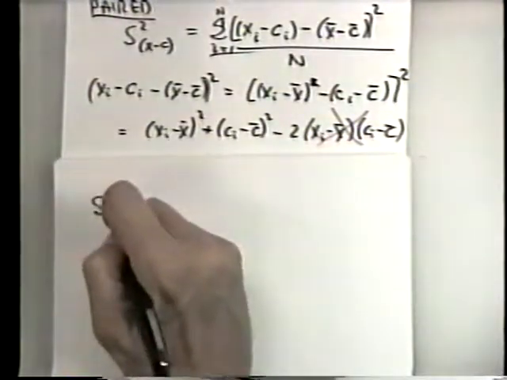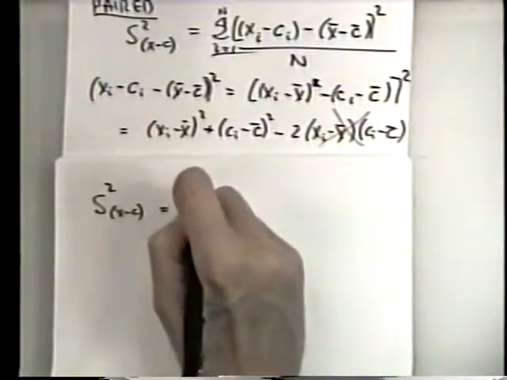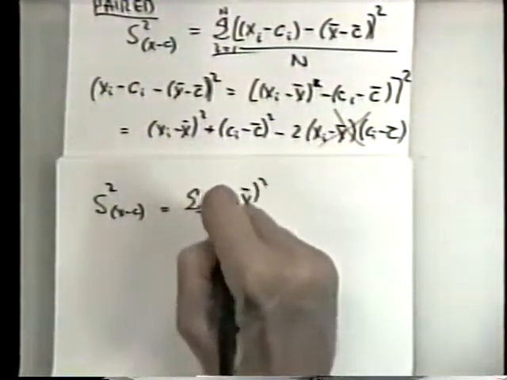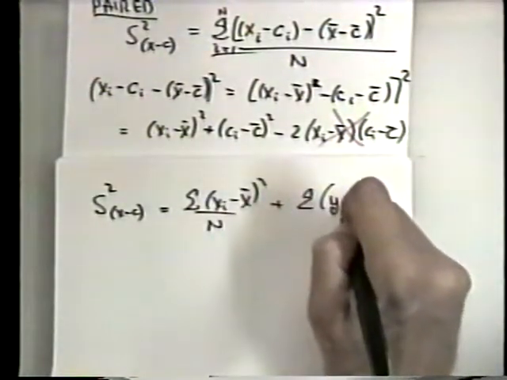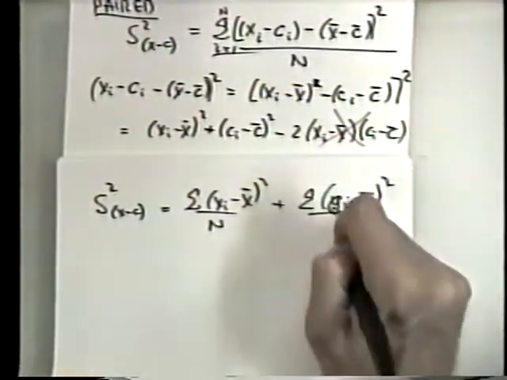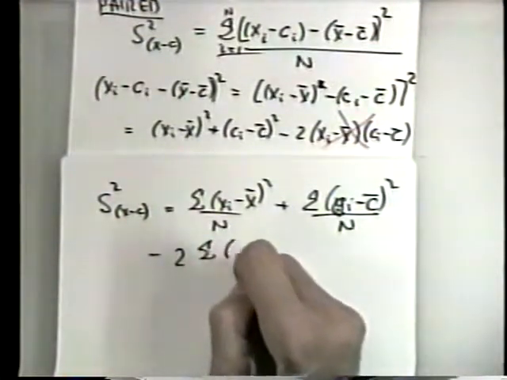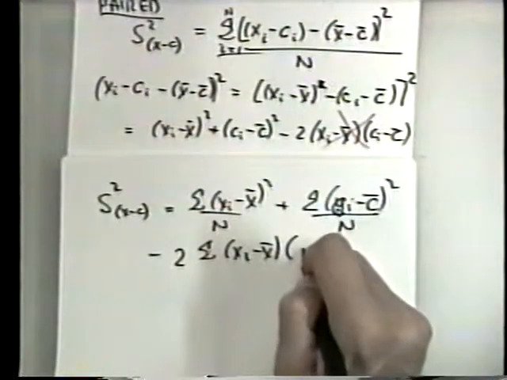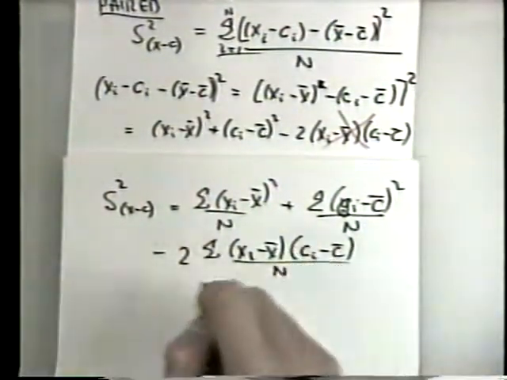What I have now is that the standard deviation squared of the differences is the sum of the first term, which is (xi minus x bar) squared over n, plus the second term, which is the summation of (ci minus the average of c) squared, minus this middle term. And I'm going to write the middle term as the sum of (xi minus the mean x) times (ci minus the mean c), which I haven't canceled out to 0 like I said I was, divided by n.